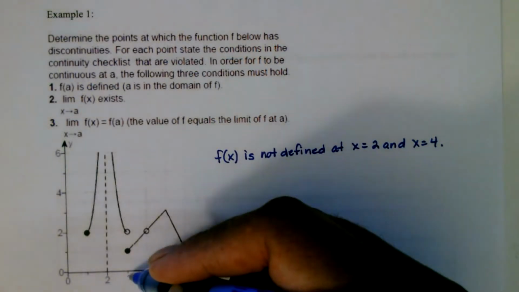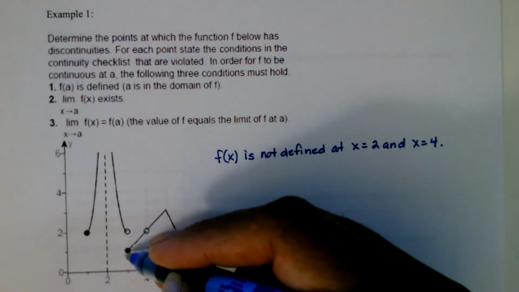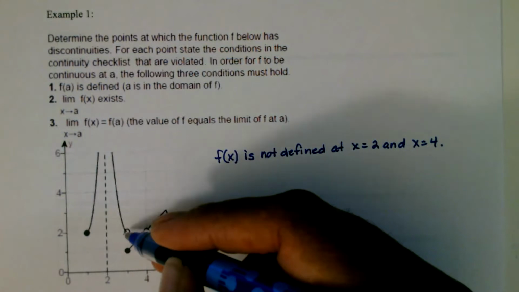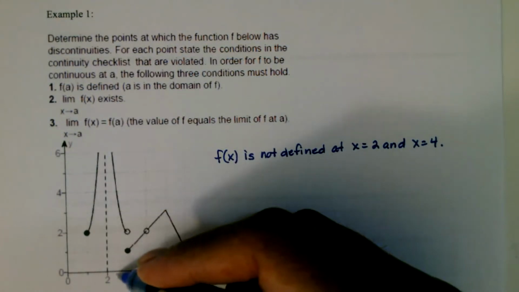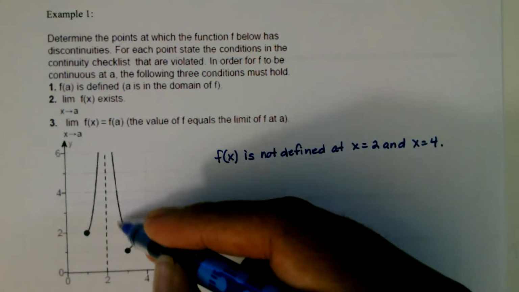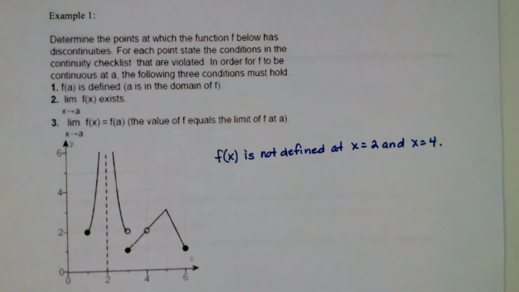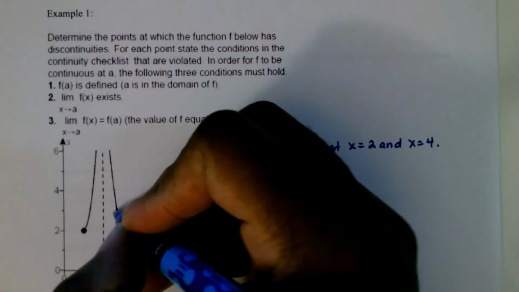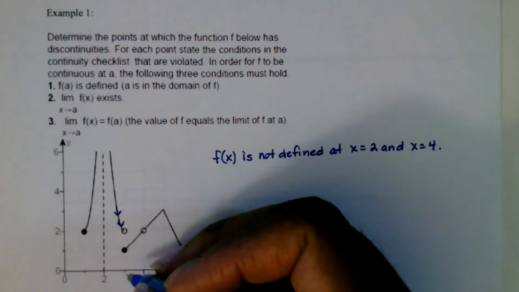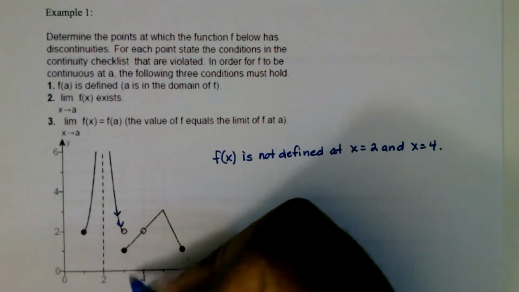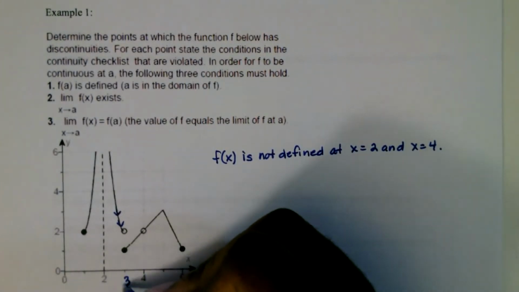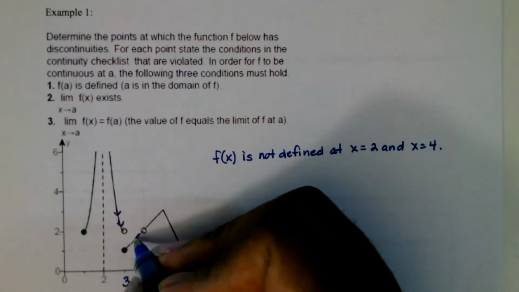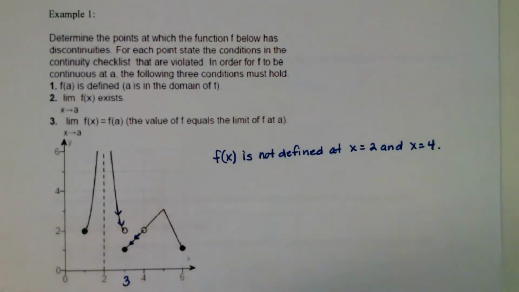Now at 3, we got 2 different values there. When you take the limit as x approaches 3 from the left, the y value is getting closer and closer to 2, as you're going to see here. And then as we let x approach 3 from the right, and this is 3 right here, notice that it's getting closer and closer to 1.